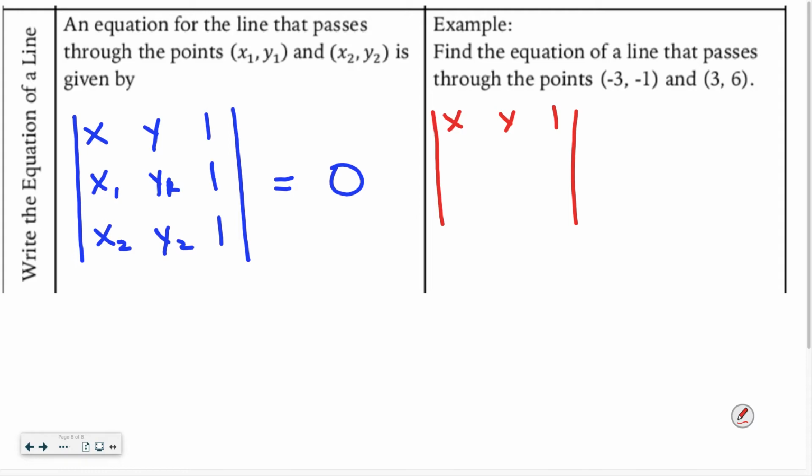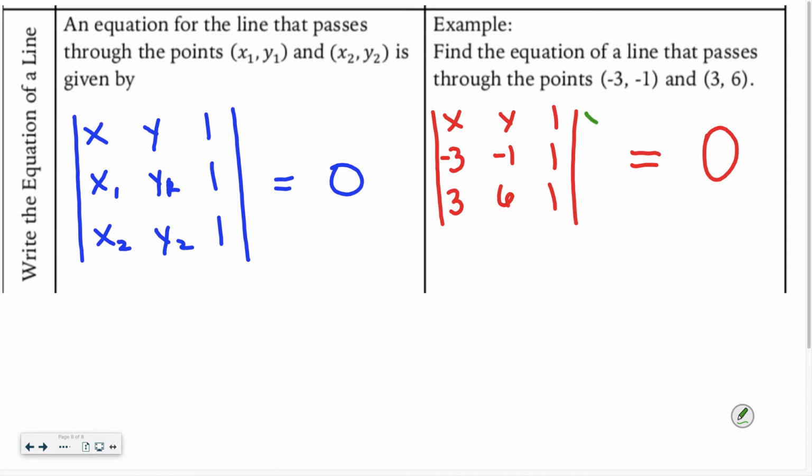One of our coordinates is -3, -1, so -3, -1, 1 is our second row. And then our third row would be 3, 6, 1. And if these are collinear, we know this would need to equal 0.